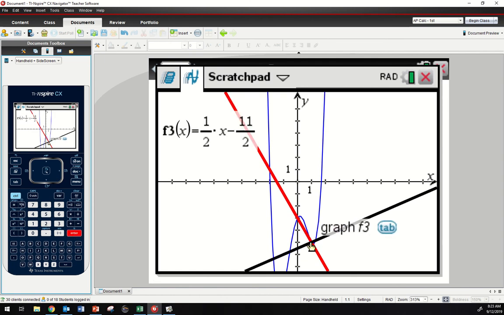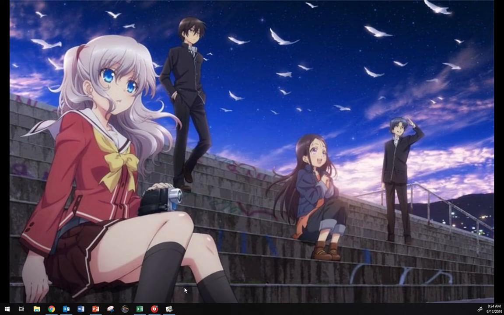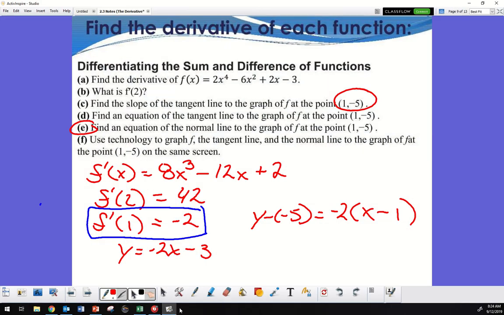So at that same point right there, this is perpendicular to this one there. Does that make sense? Okay.